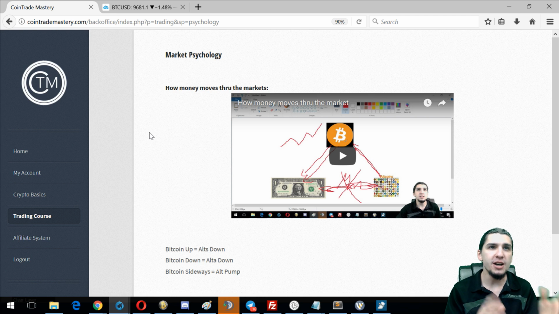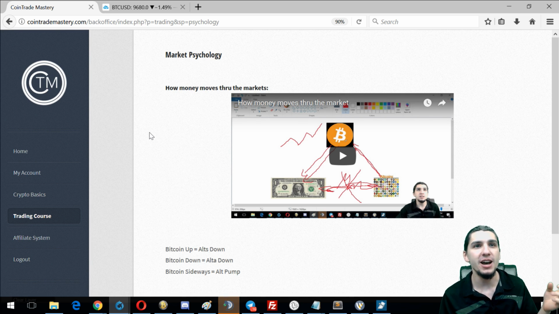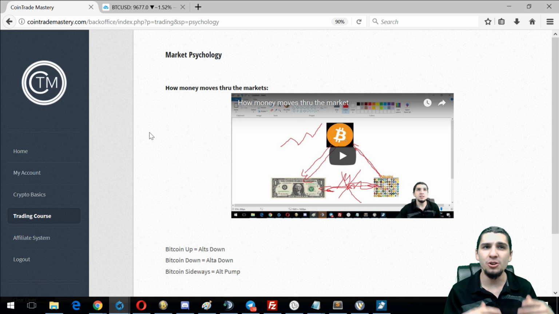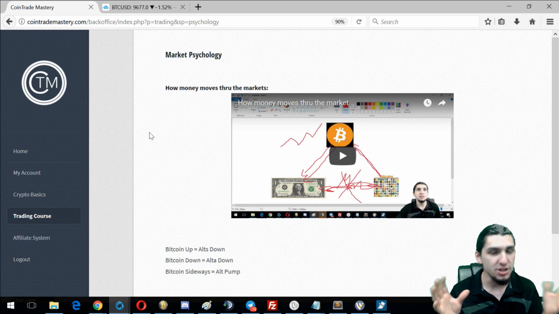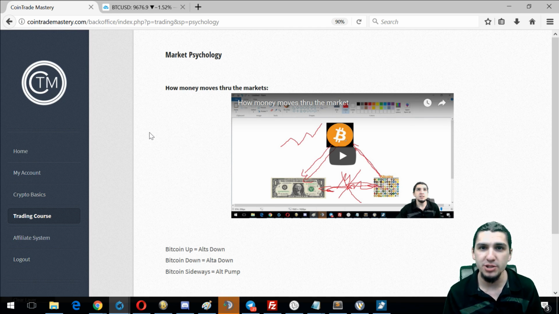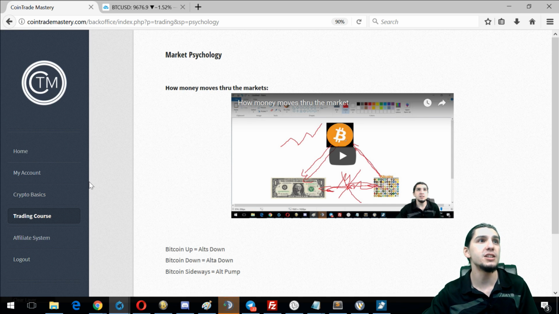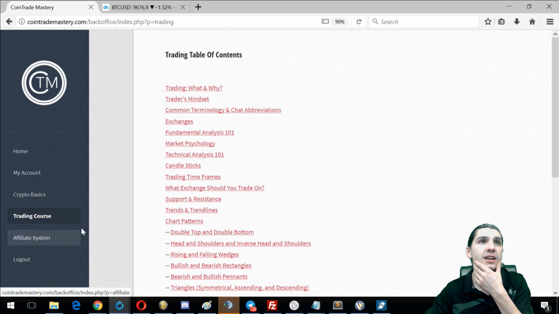I know you've all heard the sayings, Bitcoin up, alts down, Bitcoin down, alts up, which I just saw a typo on my website. That's fine, I'll fix that. And a lot of you already know Bitcoin sideways is generally when alts pump. But why does the money move in that particular direction? I have my own theories and understandings behind that, so I shared that in this video. That's one I did today.